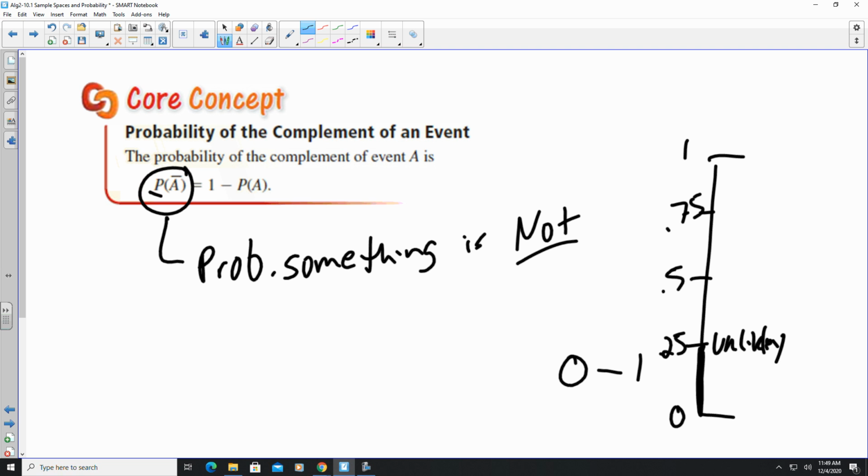At 50%, it's either way. If you get more in that 75% range, it's more likely. And 1 means 100% that it will happen, or 0 means that it won't happen. So probability deals with values between 0 and 1.